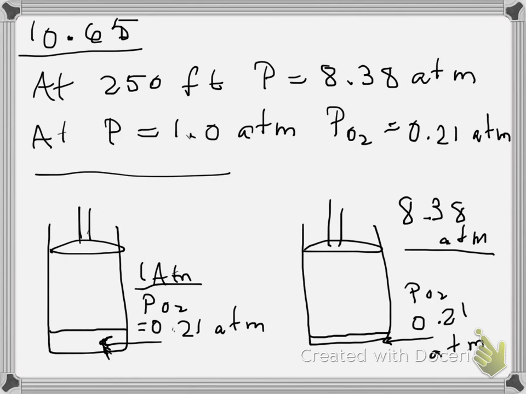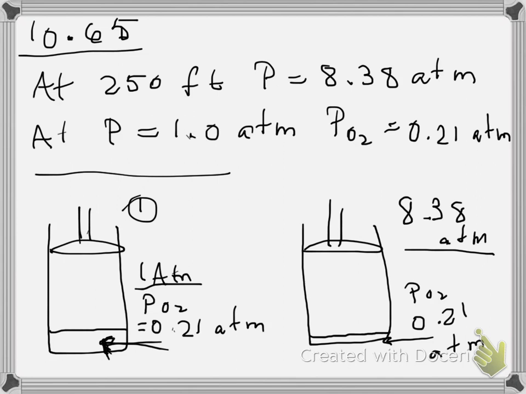And kind of the way to see what's going on here might be to look at these two containers. On this first one, you have 1 atmosphere of pressure represented in here. And you notice that the oxygen takes up a fair amount of space because at 1 atmosphere pressure, 0.21 atmospheres is about 20% of the total.